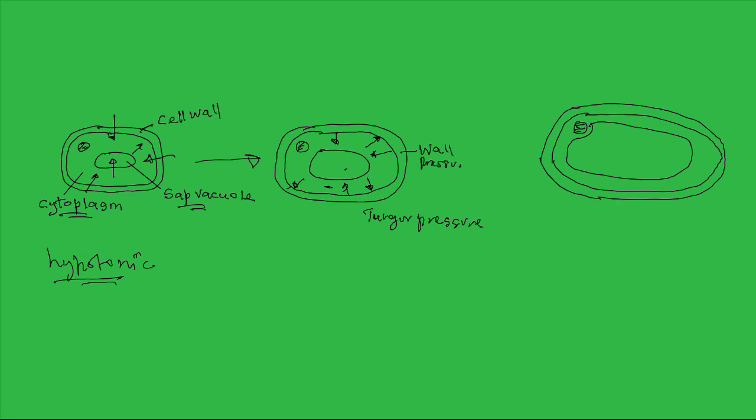Now, at the point when the turgor pressure is equal to the wall pressure, the cell is said to be turgid.